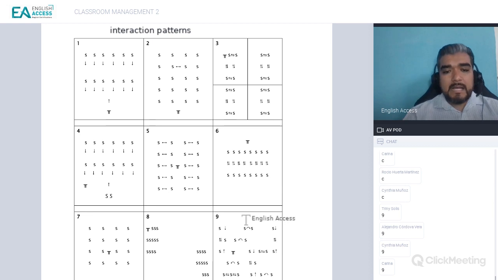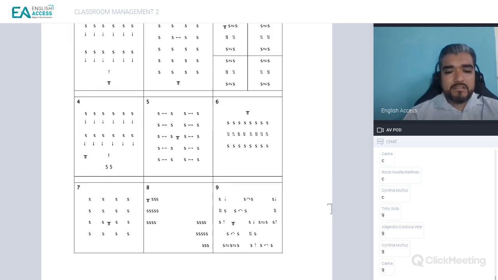And yes, I'm describing number 9. And this interaction pattern, number 9, is called class mingle. That's how it is called.